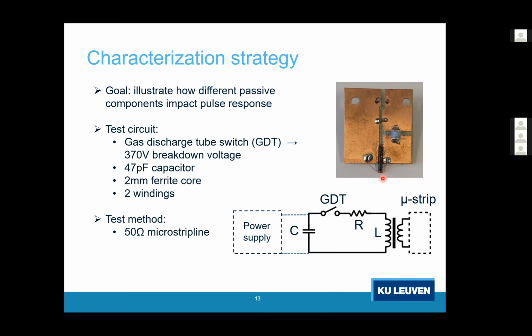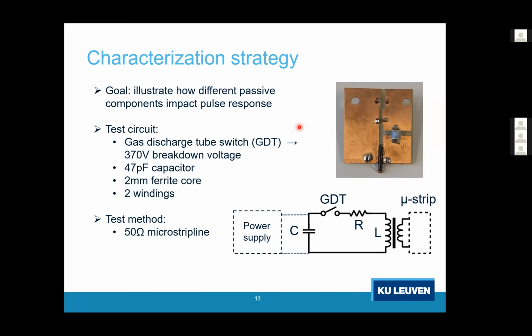And then in the basic setup, we just put 2 windings of a small enamel wire around the tip. And we have a 64 picofarad capacitor. We will use a high voltage power supply, which puts 400 volts around the capacitor. And every time the capacitor charges up and goes above this 370 volt, a breakdown voltage will occur over the gas discharge tube, and an EM pulse will be generated.